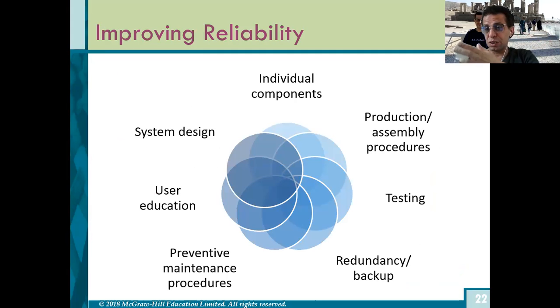User education, as we said: the user has to have knowledge of how to use the product properly, and preventive maintenance procedures that you need to do. For example, in cars, after 5,000 kilometers or so, you need to change certain parts.